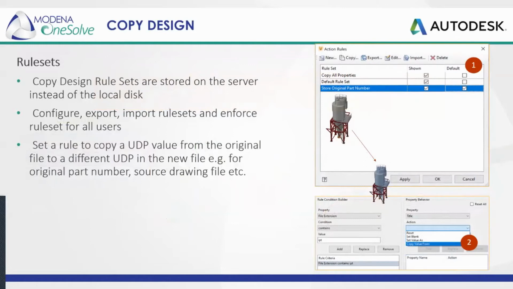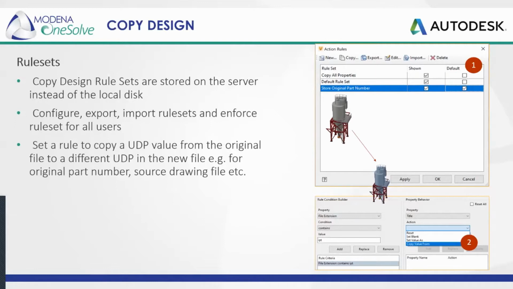For copy design in Vault Workgroup and Professional, rule sets are now stored on a server. This makes it possible for administrators to manage copy design rule sets globally and provide standard settings for copy design behavior. Additionally, there's new functionality in copy design that makes it possible to copy property values from the original file to any user-defined property in the new file, for example, the original part number or source drawing file.